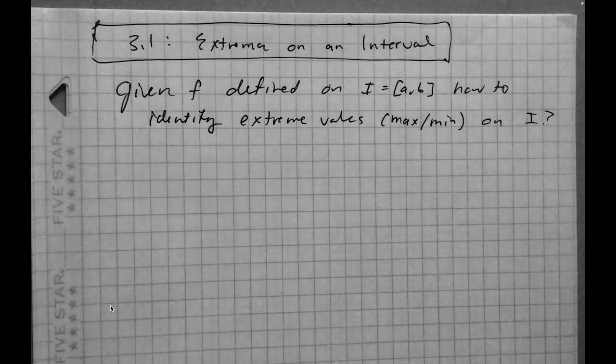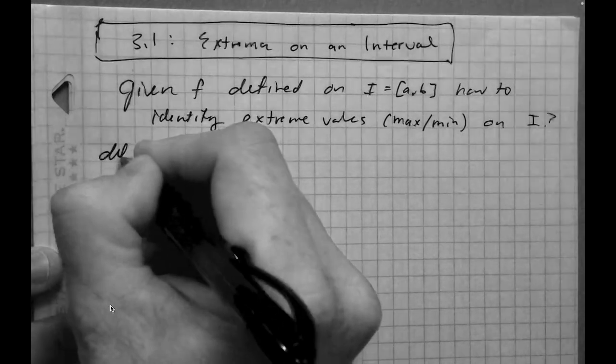All right, so given f defined on an interval, how can we identify extreme values? Well, first of all, let's crank out a more rigorous definition of what we mean by extreme values.